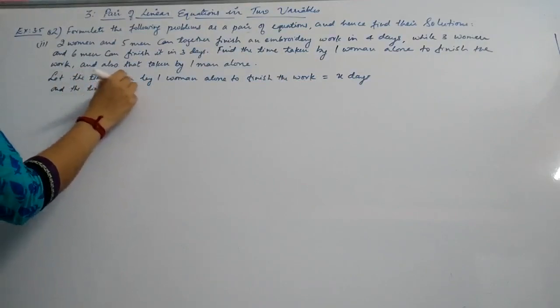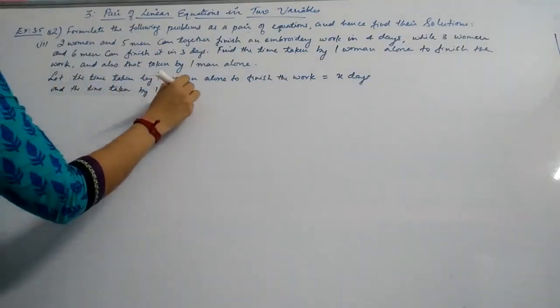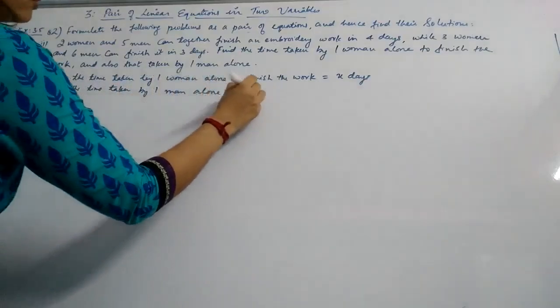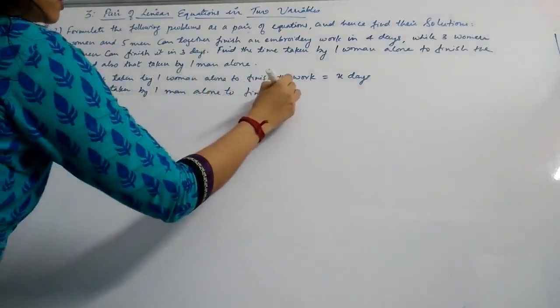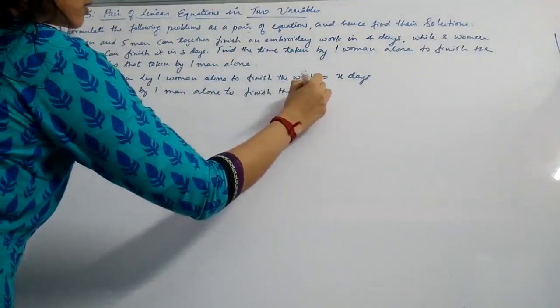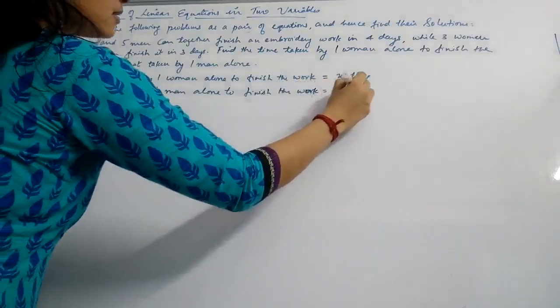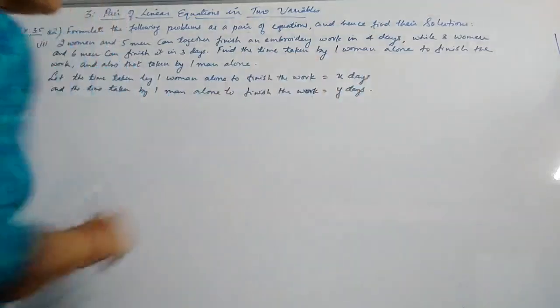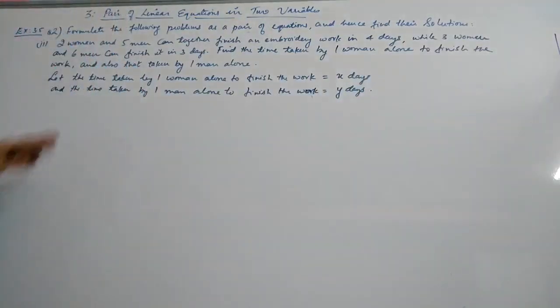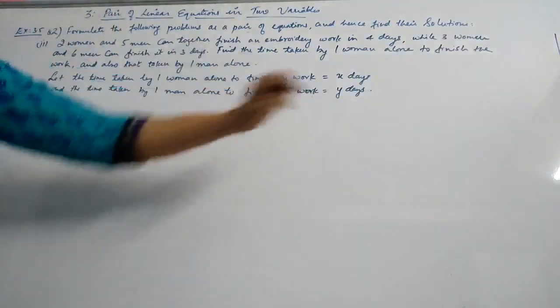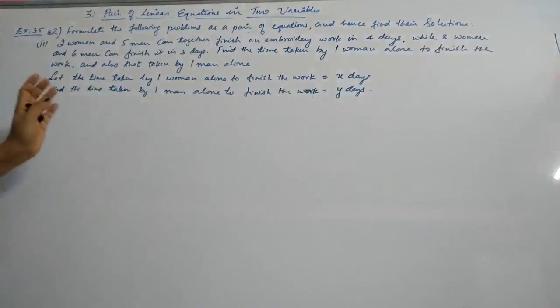and the time taken by 1 man alone to finish the work is y days, okay. So this is the total time taken, x days and y days. We need to find out what will be for 1 woman, 1 day's work, okay.